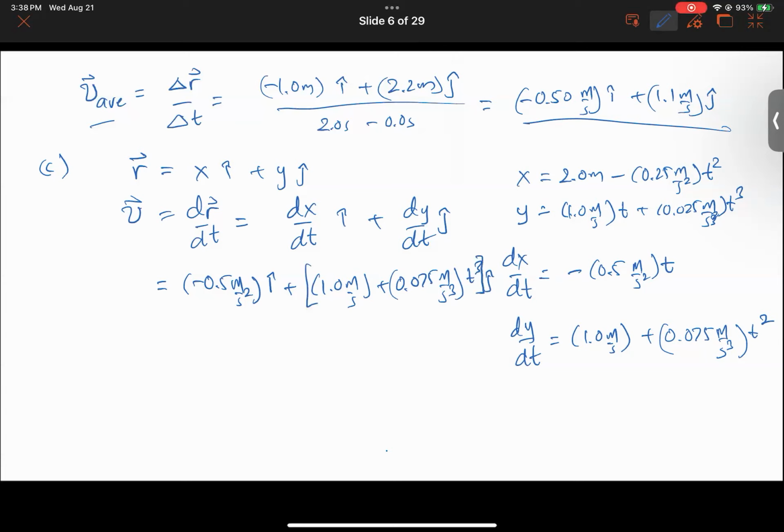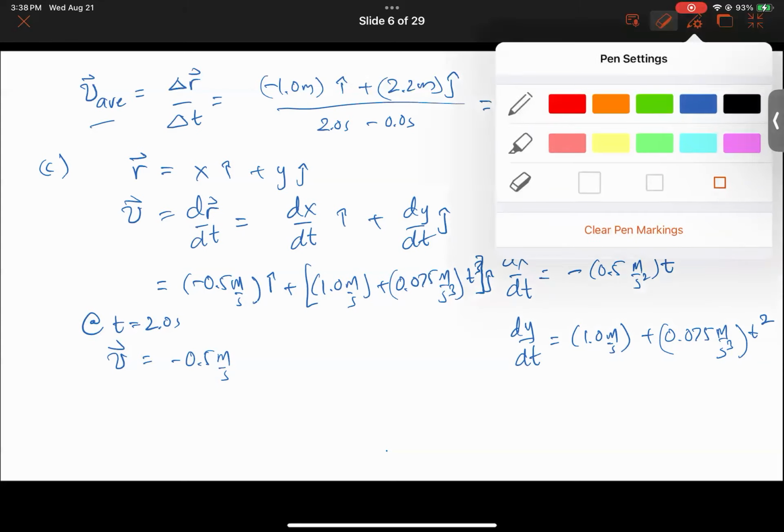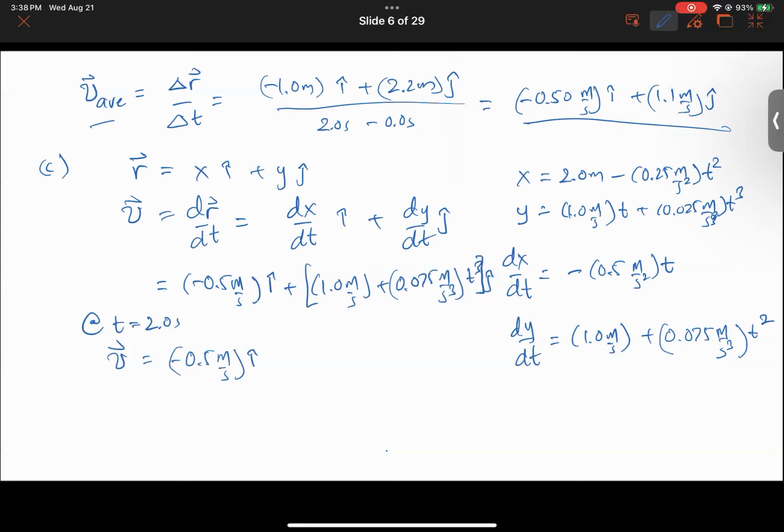Okay, now at t equals 2 seconds, ano yung velocity vector? So at t equals 2 seconds, yung component along the x-axis, bakit may squared yan? Hindi yan dapat may squared. Okay, so it's still the same.